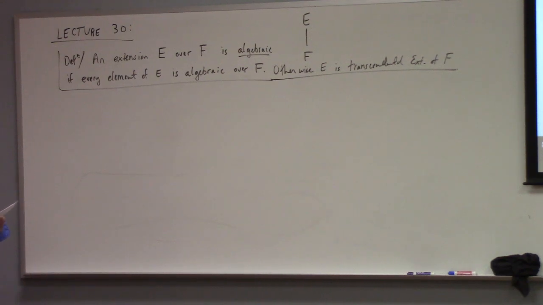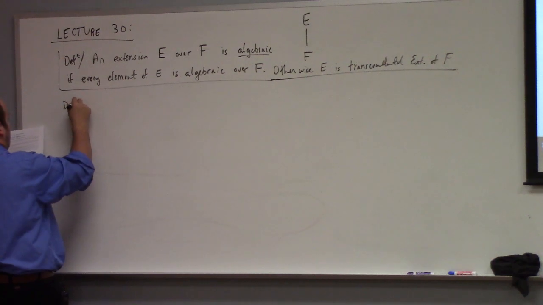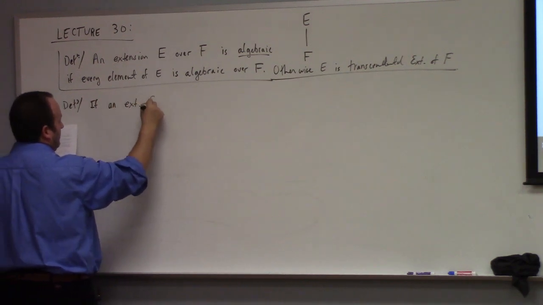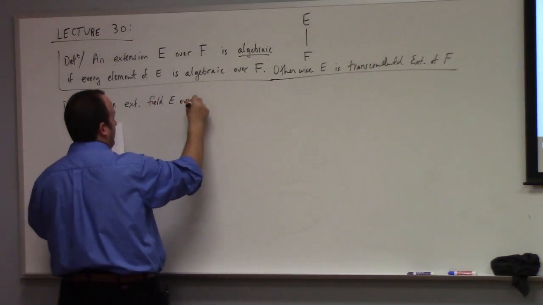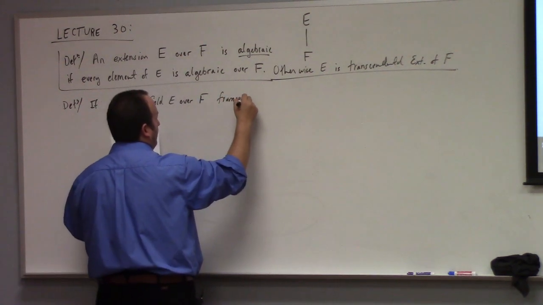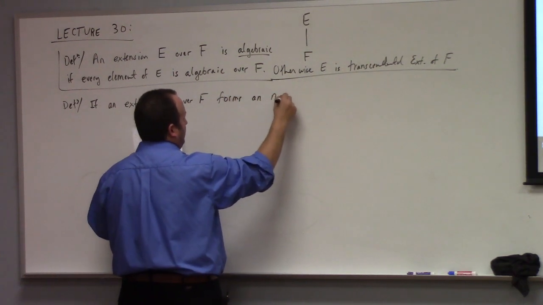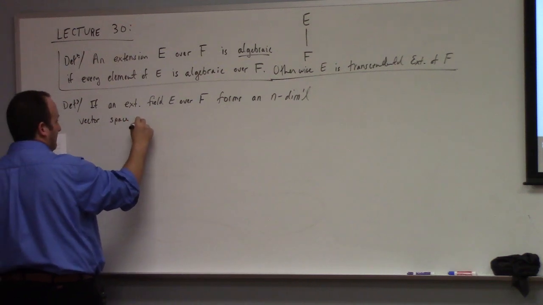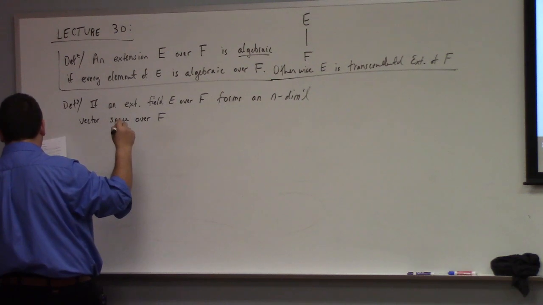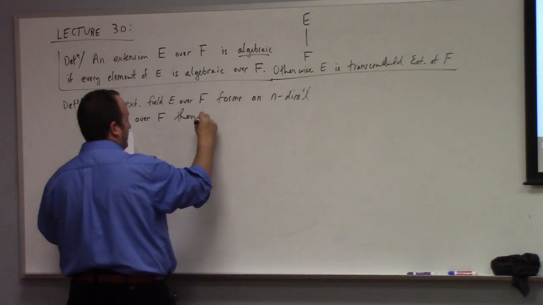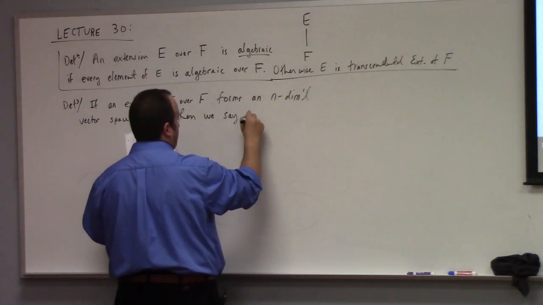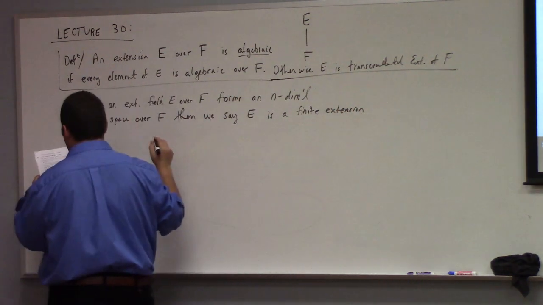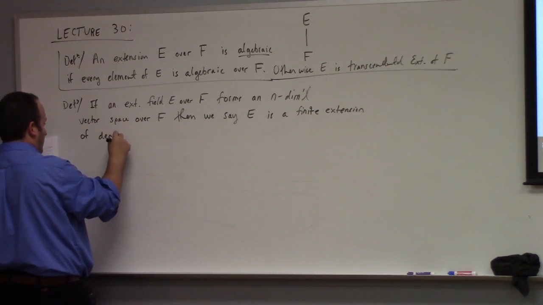Before I, whoa, goodness gracious, another definition here. If an extension field E over F forms an n-dimensional vector space over F, then we say E is a finite extension of degree n squared.